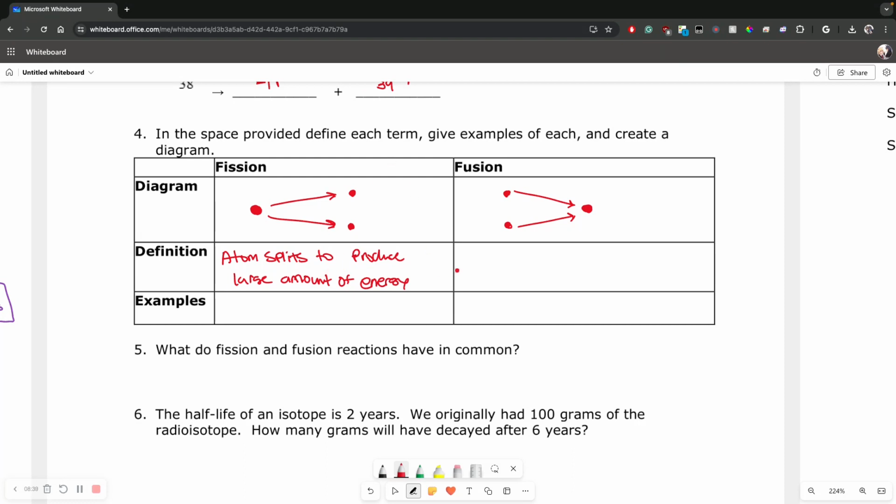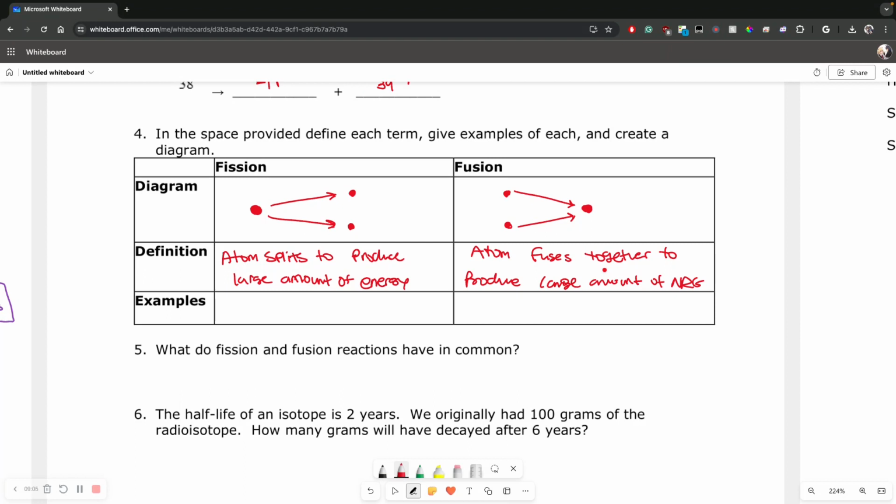Alright, and fusion is where an atom fuses together to produce large amounts of energy, NRG, and that's just short for energy.